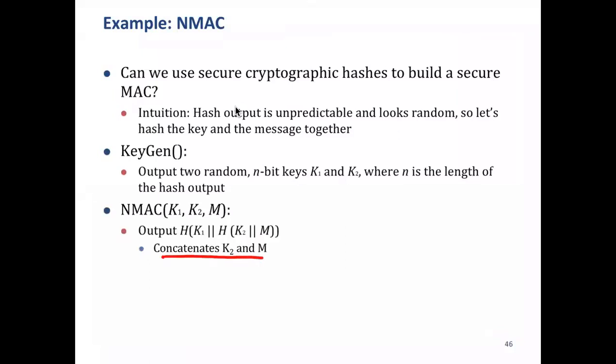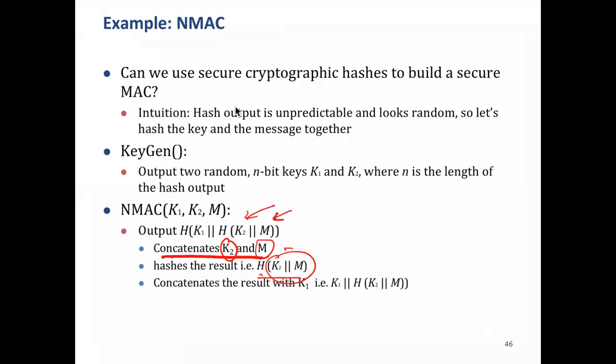First, take k2 and m: generate key k2 and the message m, and concatenate both. Then hash this concatenated result, then concatenate the hash with k1, and then hash everything.